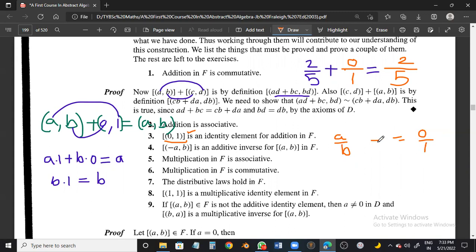So what should I add to this? I said A by B plus something should produce 0 by 1. So when is it possible? The denominator is the same and the numerator is negated.